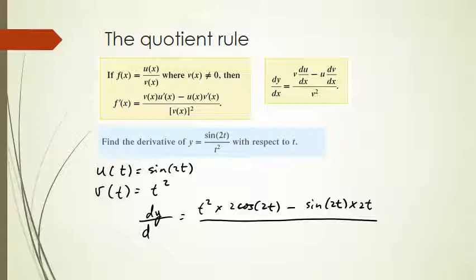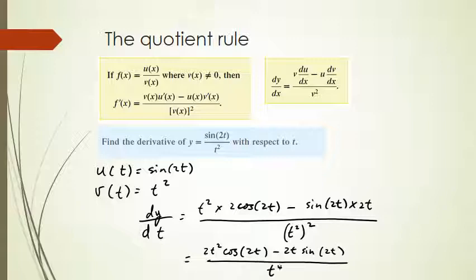Same with the other one. And we have v squared, so that's t squared squared. So then we get 2t squared cos 2t minus 2t sine 2t all over t to the power 4.